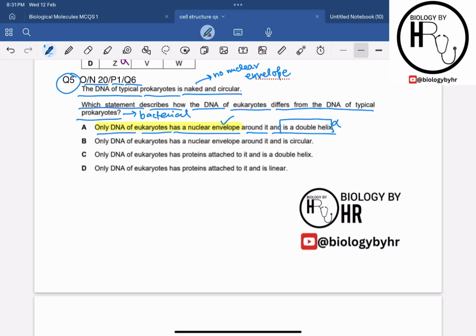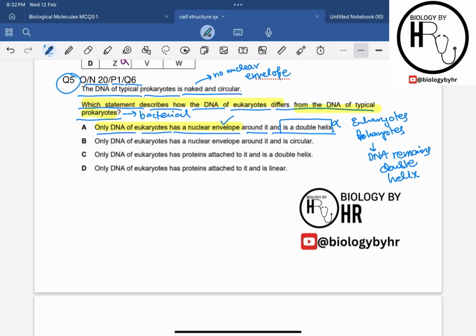Why? Because we know that whether they are eukaryotes or prokaryotes, the DNA remains double helix. DNA remains double helix. So it is not particularly for the eukaryotes, right? If you read the question carefully, they are saying which statement describes how the DNA of the eukaryote differ from the DNA of a typical prokaryote.